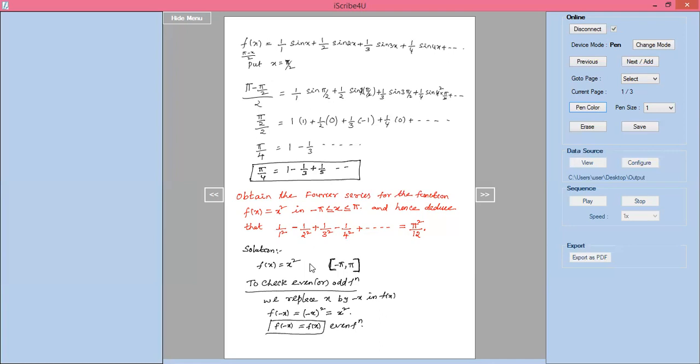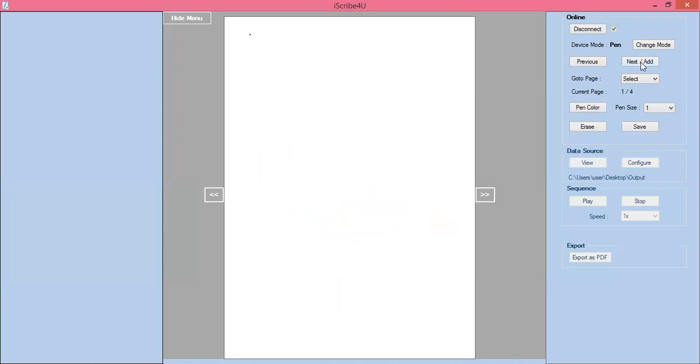Once f of x is an even function, we have to find a naught and an, and bn equal to 0. Now, what is a naught?